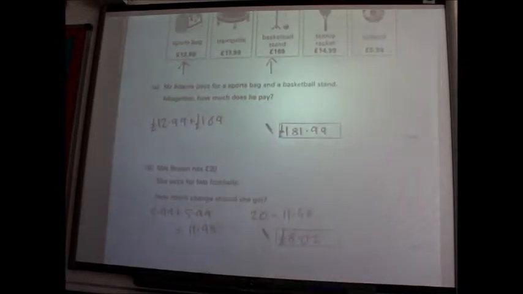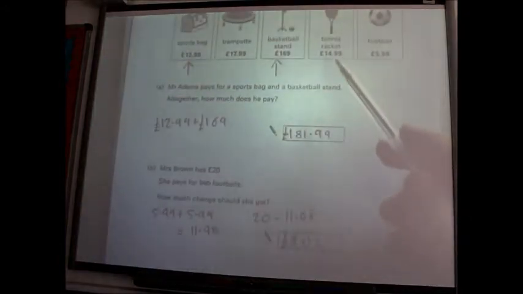Now it says she pays with £20, so on your calculator do 20 take away £11.98. And the answer is £8.02.